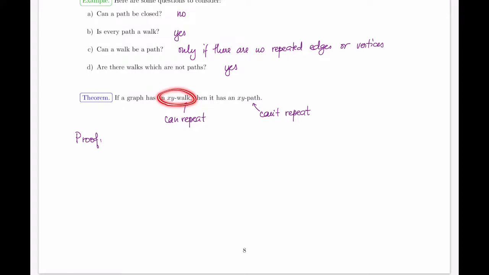So if I'm going to start with an xy walk, let's give it a name. Let's say that my walk, let's call it P, because it's potentially a path, starts with X, goes through a bunch of different vertices, and gets to a Y. So let's say this is a walk from vertex X to the vertex Y.